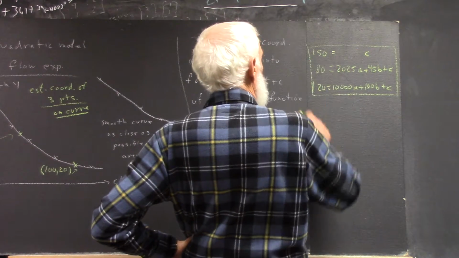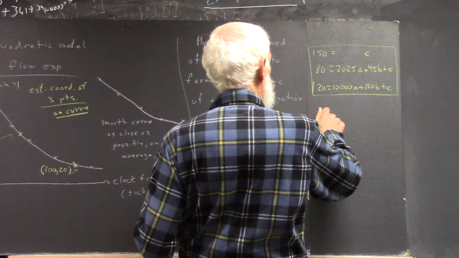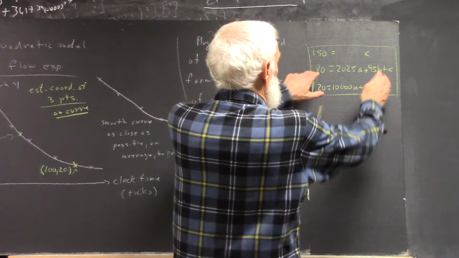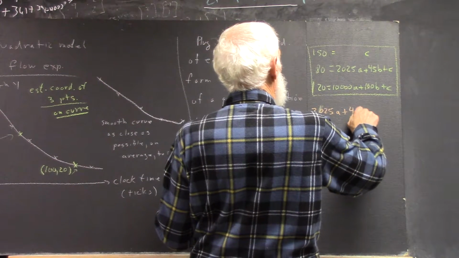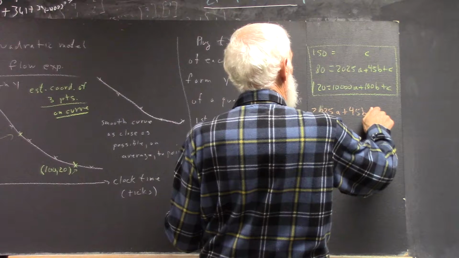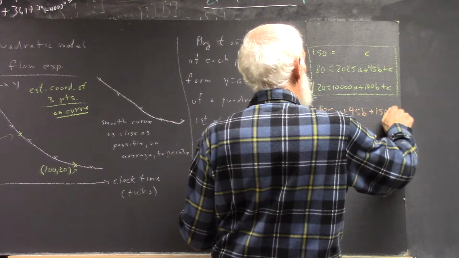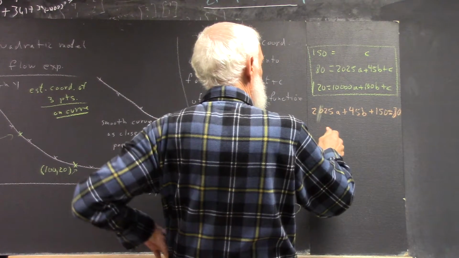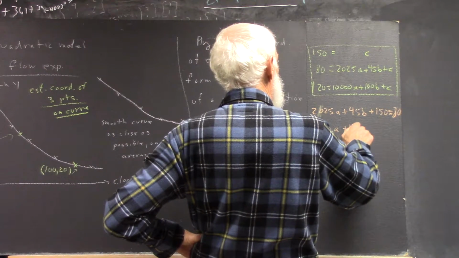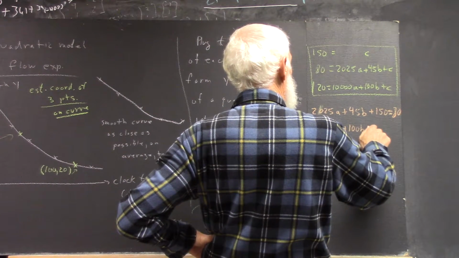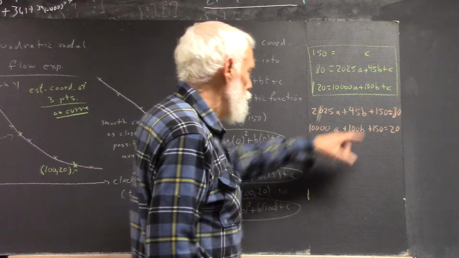Okay, so we know that C is 150. Since C is 150, we know that 2025A plus 45B plus 150 equals 80, and we know that 10,000A plus 100B plus 150 equals 20. Where'd that 150 come from?